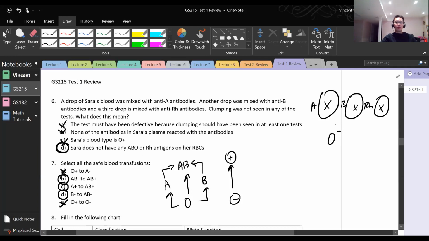Okay, so do you agree that based on the test result, her blood type is O negative? That's the first thing we have to sort out. Do you agree that if there is no reaction with A, B, or RH, then her blood type must be O negative?